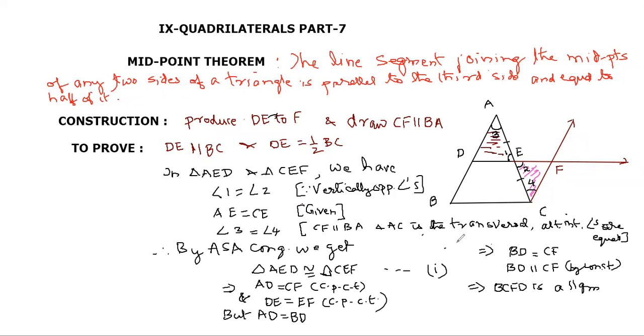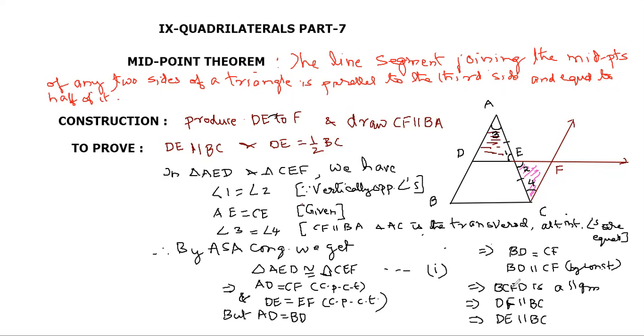Therefore, DF is parallel to BC, and when DF is parallel to BC, DE will also be parallel because DE is part of DF. So this implies that DE is also parallel to BC.